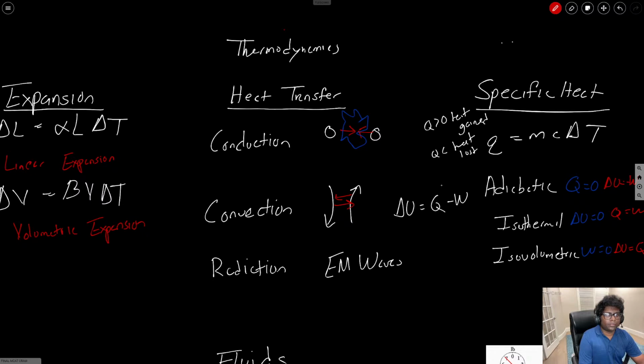That being said, I'm trying to think if there's anything else I want to talk about. Because this right here is also the first law of thermodynamics.